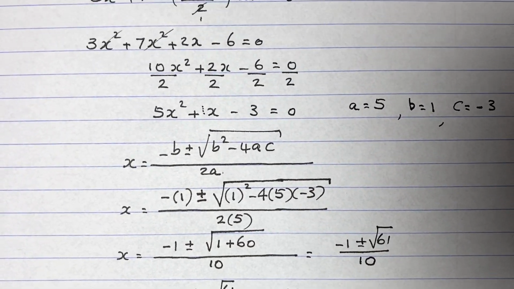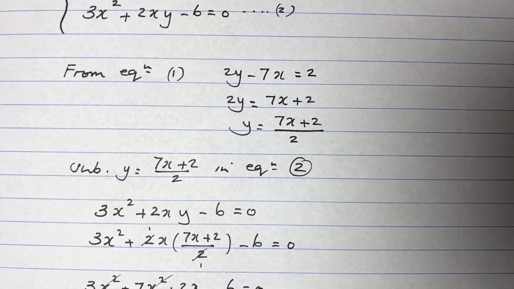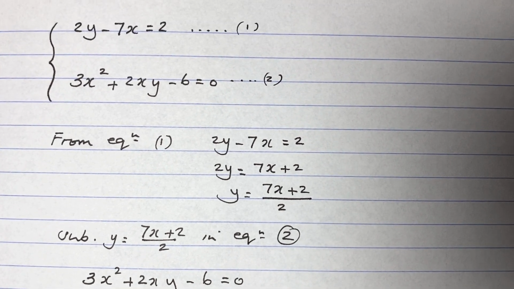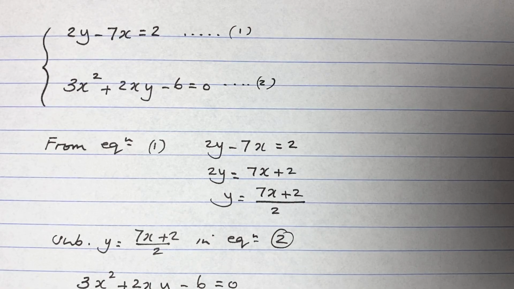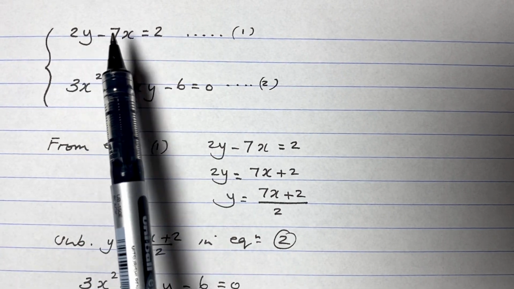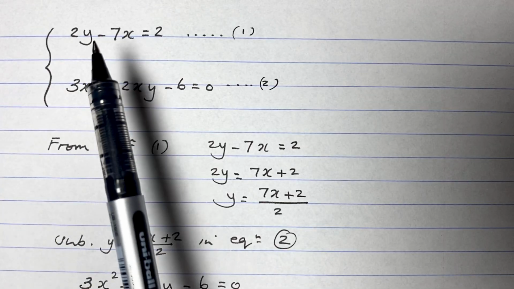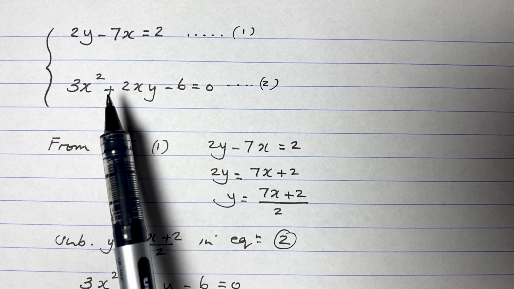I have done a few of these. Of course, every question is slightly different, but the technique would be the same. The technique is to go to the linear, make either x or y, whichever is convenient, the subject, and replace it into the non-linear.